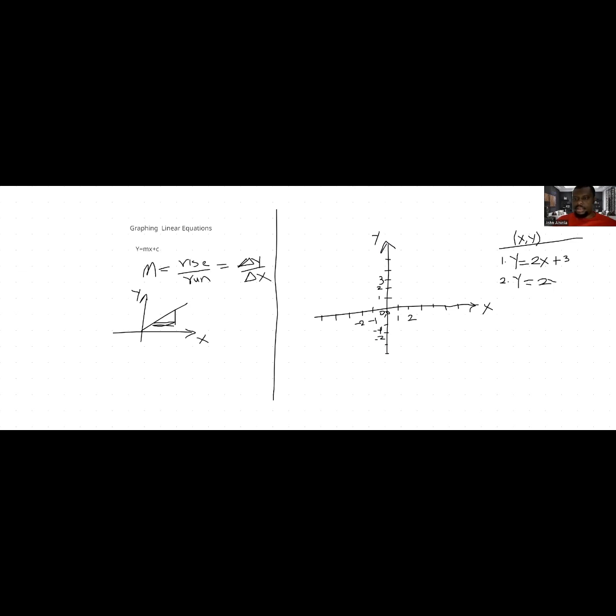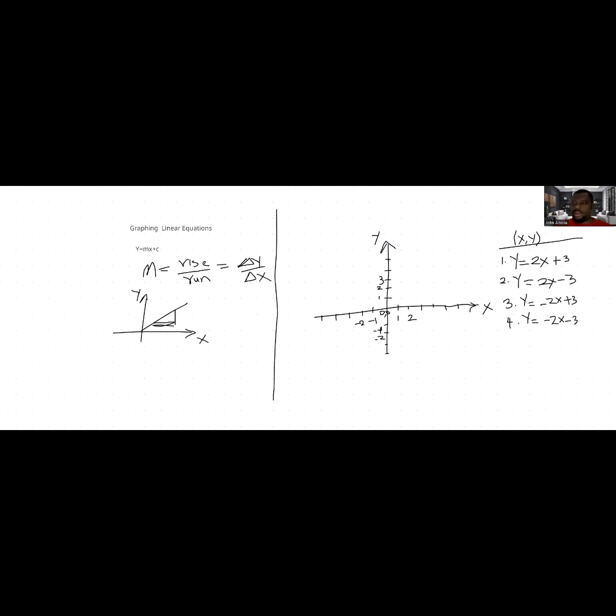We will also look at a third example, y is equal to negative 2x plus 3. And finally, the fourth one we'll look at today will be y is equal to negative 2x negative 3. So these lines totally cover all the principles, all the ideas of plotting lines on the coordinate system. Now let's look at the first one.